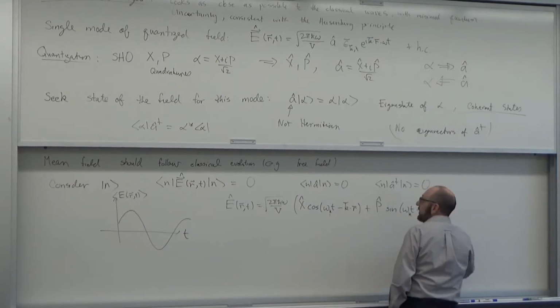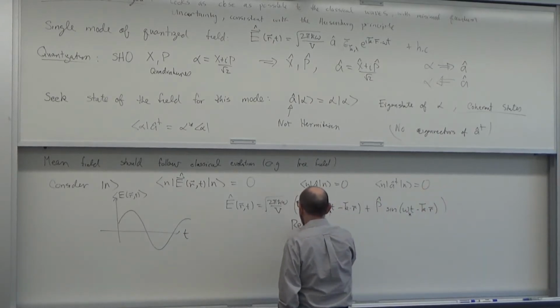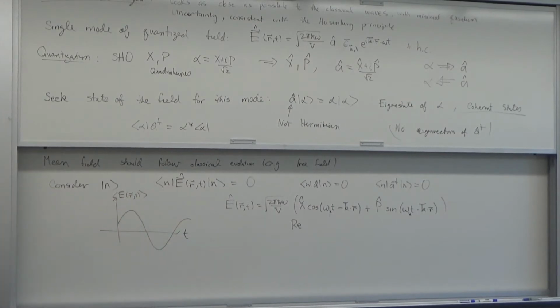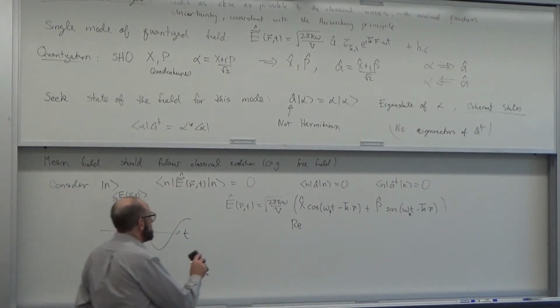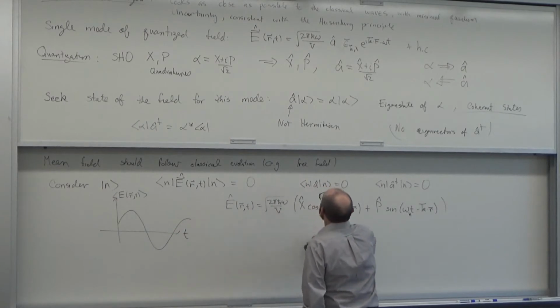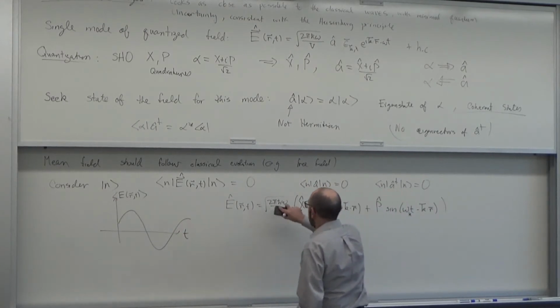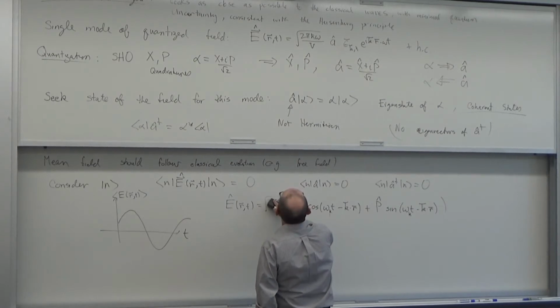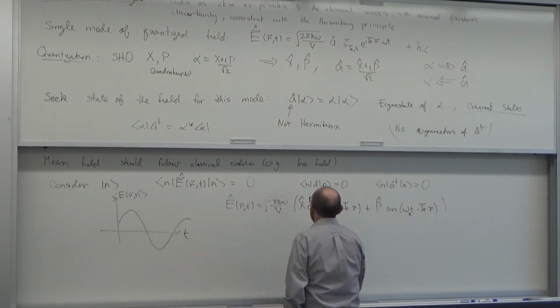Or equivalently, this is the real part, or the Hermitian part, I have that stupid root 2 here behind that.